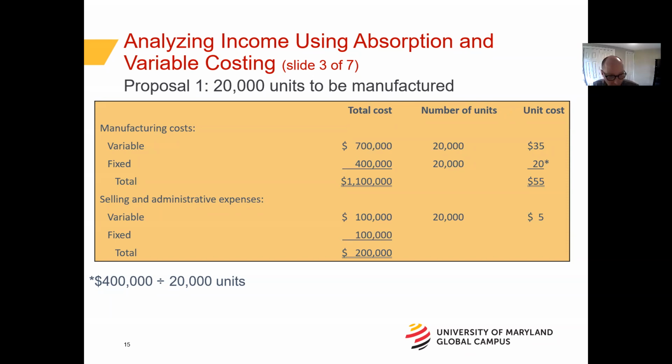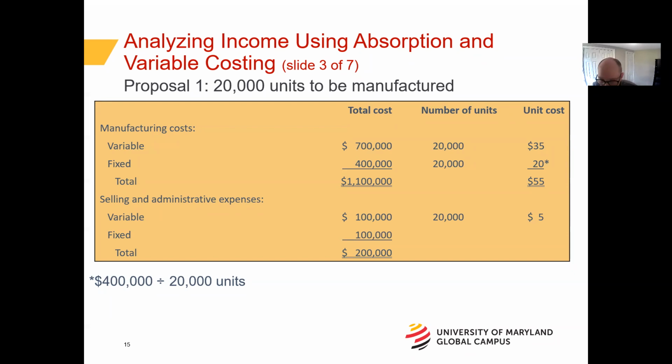Our fixed cost per unit is $20 per unit. How did we get $20 per unit for fixed cost, you might be asking? Well, we took our total fixed amount of manufacturing costs, $400,000, and we divided by the number of units manufactured. So 400,000 divided by 20,000 is $20 per unit of fixed cost.